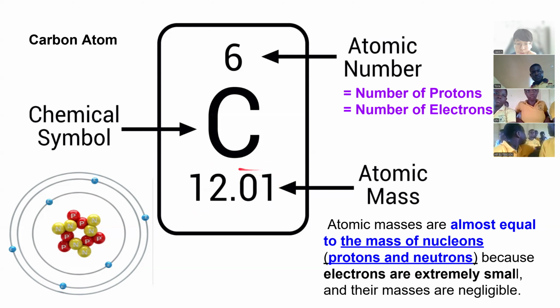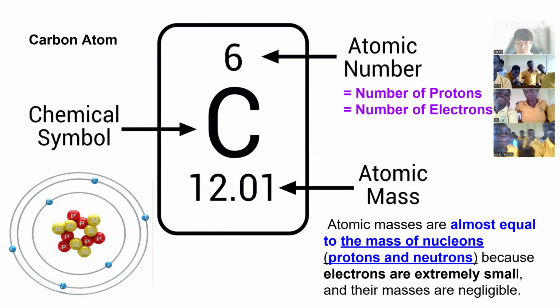But there is also this 0.01. Because electrons are extremely small, their mass is negligible or really, really small. That is why they added the 0.01 as well, to account for electrons.